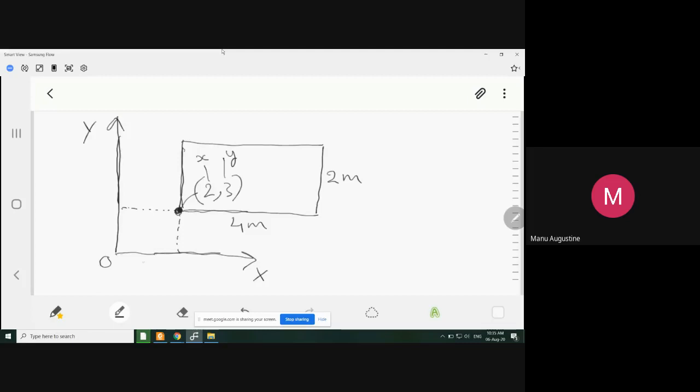So that means from the origin, this point is at a distance of 2. And from the origin, this point is at a distance of 3. So 2 and 3 are the x and y distances of the point from the origin. Okay, now what I want you to do is tell me the coordinates of the centroid.